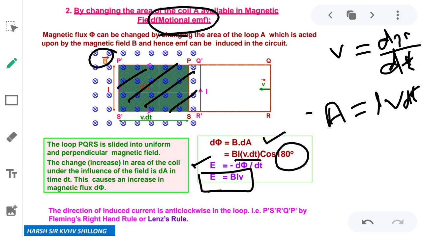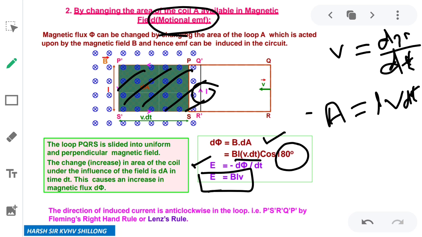Direction of current you can see in this, that is anti-clockwise direction. This direction you can find easily by Lenz's law. Let us understand that also together, because already we have understood Lenz's law. Here area is increasing because the loop is entering inside, so the area coming under the field is increasing, flux is increasing.